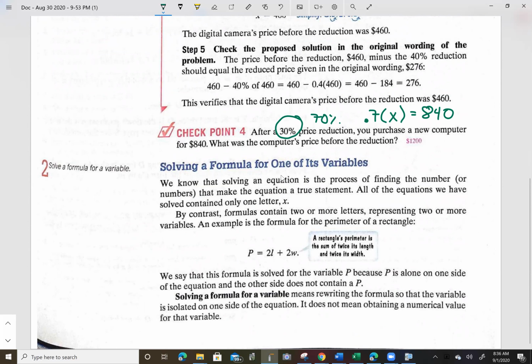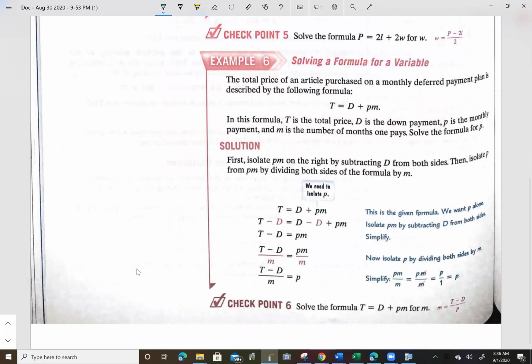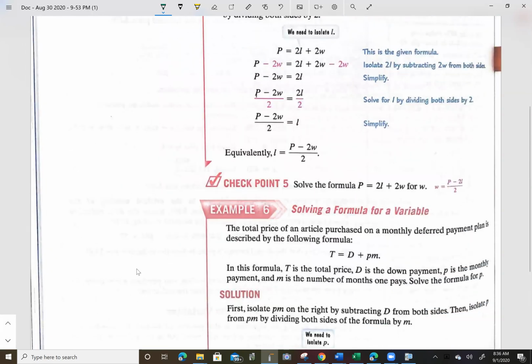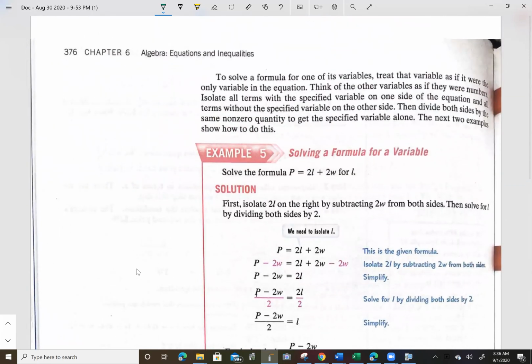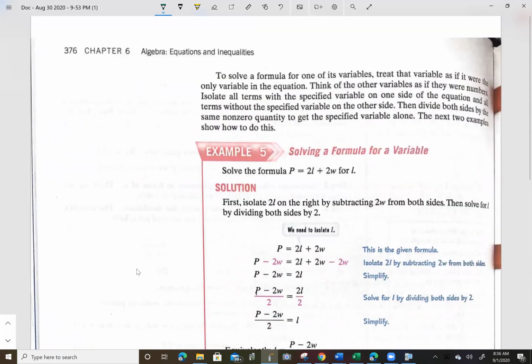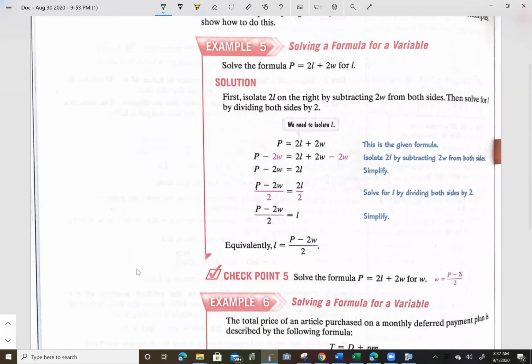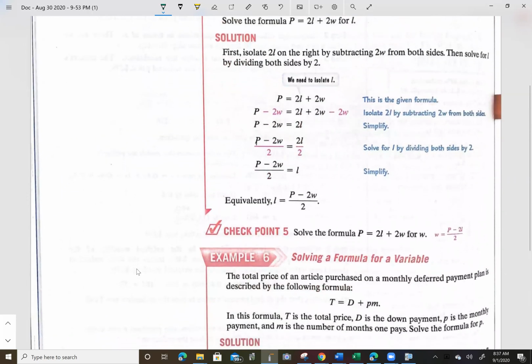Solving a formula for one of these variables. This means that instead of solving an equation for a number, we just want to get one of the variables by itself, to make it easier to solve. So in this particular one, you can read through that if you like.